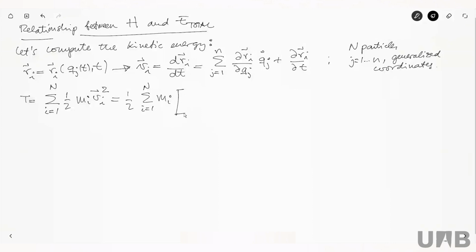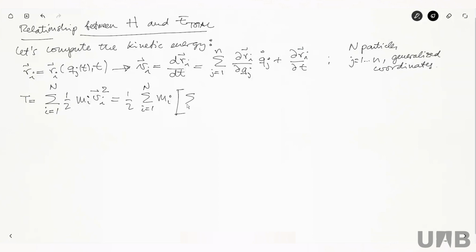Since the velocity v depends on q dot plus something, I'm going to have a term with q dot, a term with q dot, and a term without any q dot, depending on whether I multiply this times this, or square this thing.